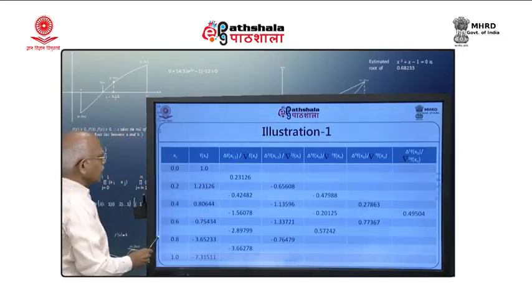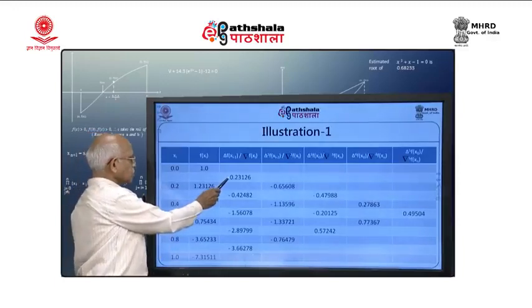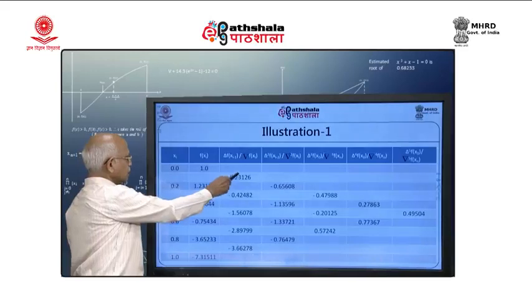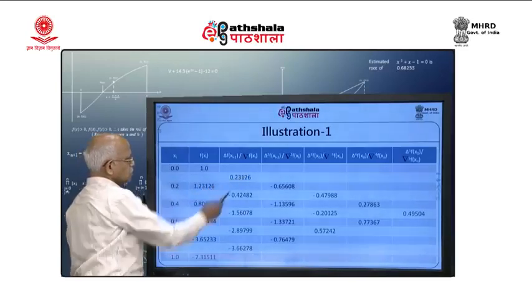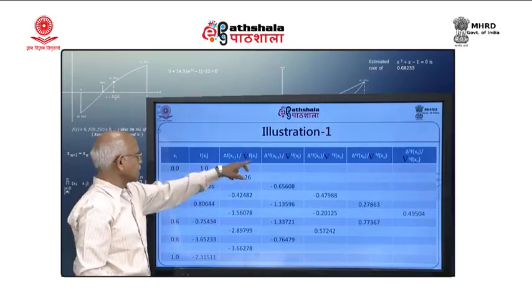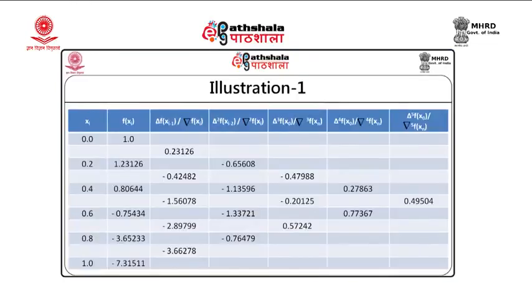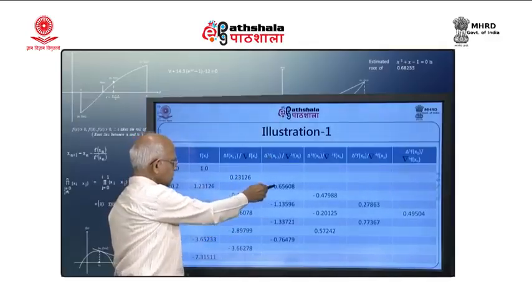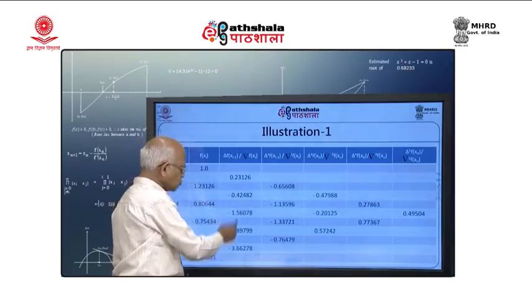So, for i equal to 1, I will get delta of f x 0, that is this minus this, which will be 0.23126, and which is the same as the backward difference at x 1. Likewise, you get these values, then the corresponding delta square values will be the differences of these two, and so on and so forth.